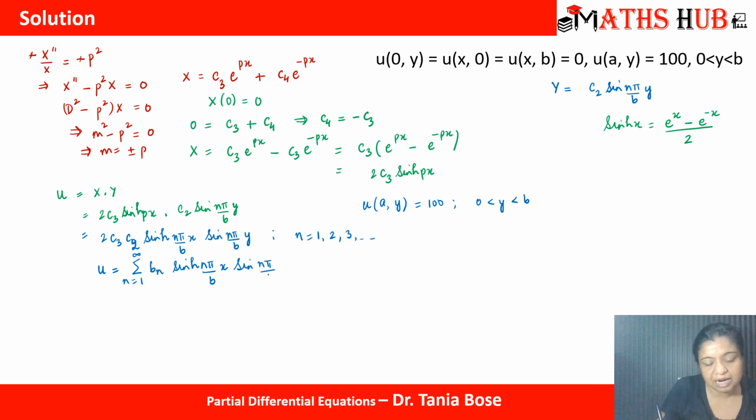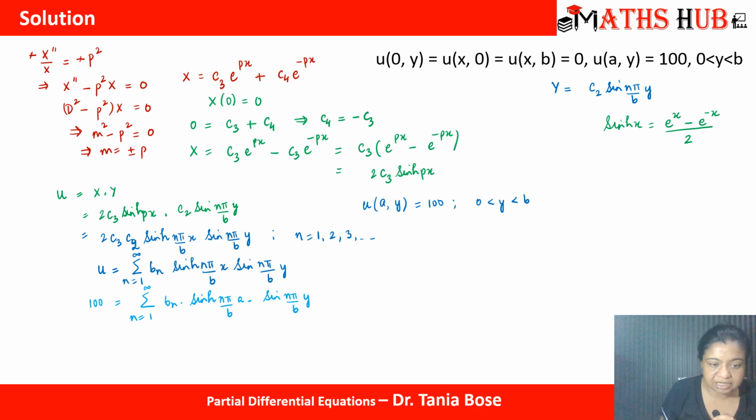Now, let us apply the last condition, that is u(a, y) is equal to 100. So when I apply this condition, I get 100 here, and I get summation n going from 1 to infinity bn. We have to put x equal to a. So we have sine hyperbolic n pi by b a multiplied by sine n pi by b y.